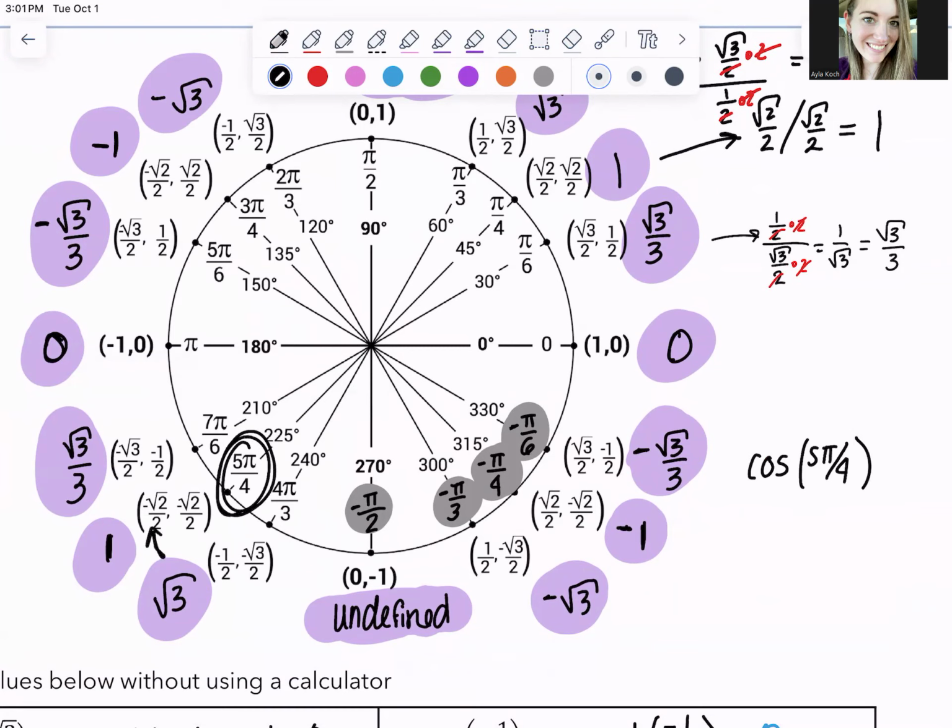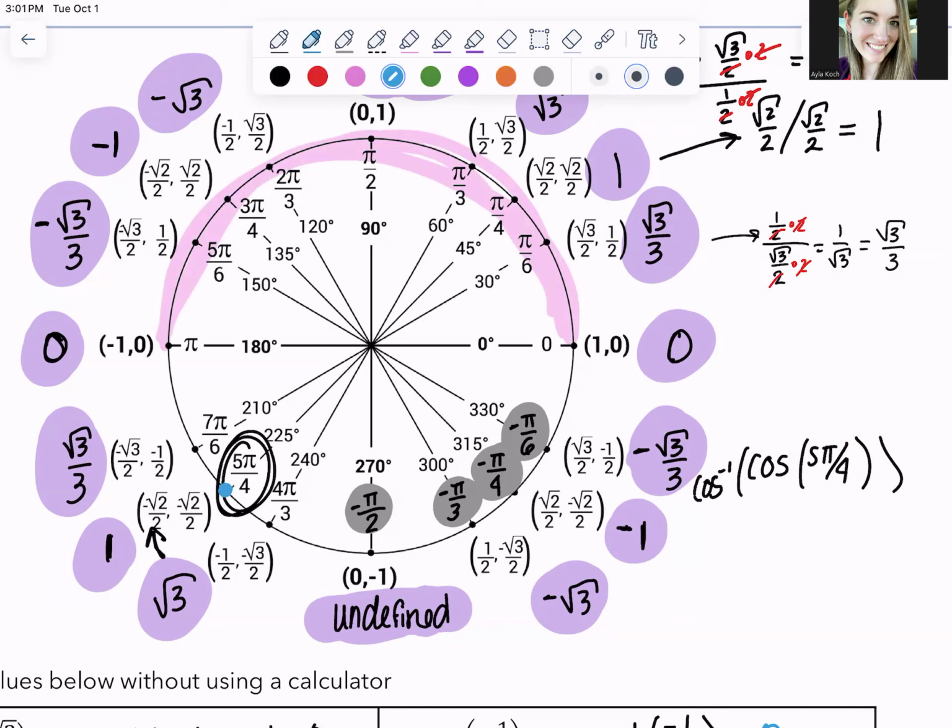Cosine is the x value. But if I was doing cosine inverse of cosine of 5 pi over 4, these couldn't cancel because 5 pi over 4 is not between 0 and pi, and the range of cosine inverse is 0 to pi.